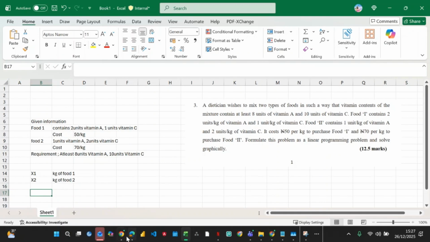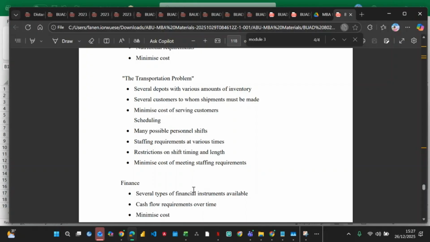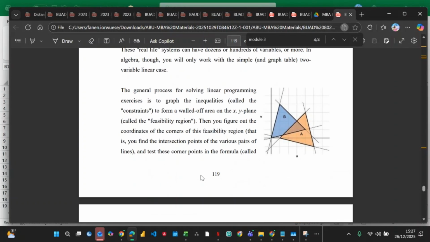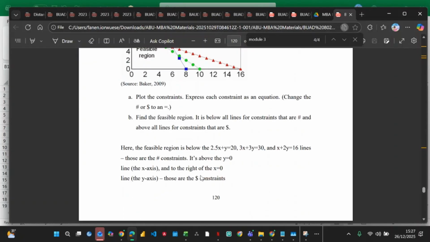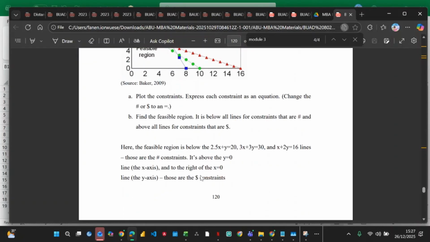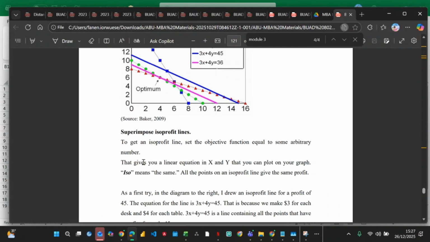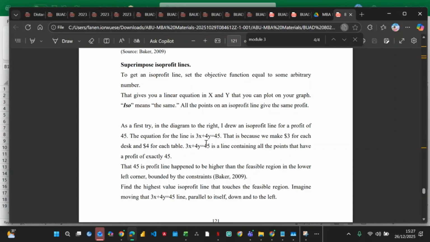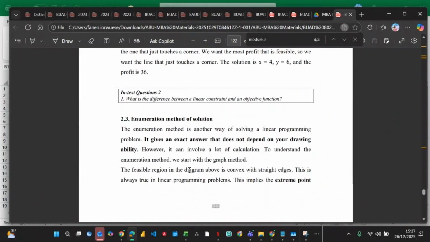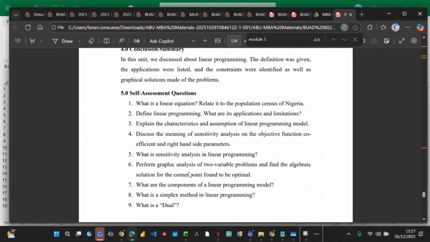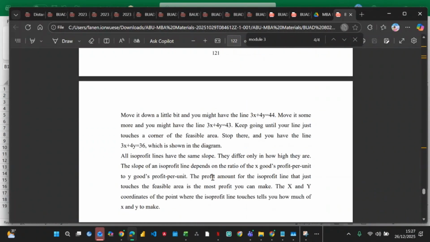If you go to this course material, I just want to show you where the equation is written. This is what is called the objective function, and then I'll show you all this stuff written here.